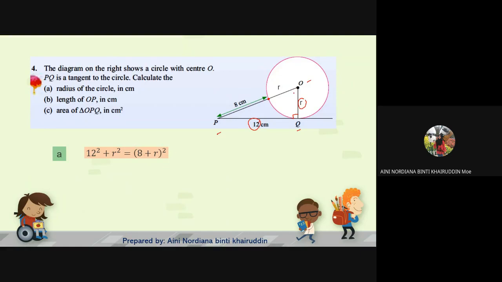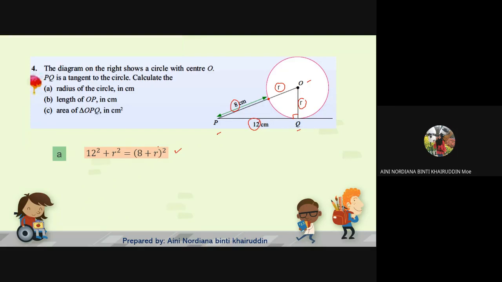Hypotenuse is PO, which is 8 plus R. Okay, 8 plus R square. So this is Pythagoras theorem. You have to solve this in order to get the value of R.